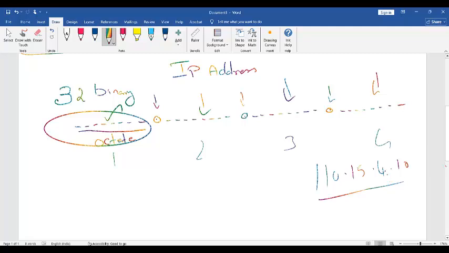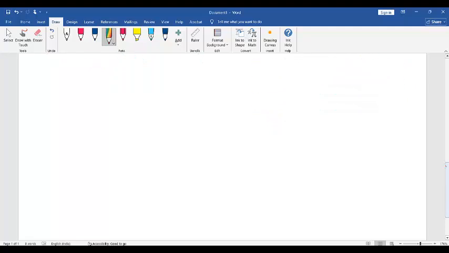Here we need to know how to convert that binary into decimal so that you can have an IP address like this. So what I'll do is I'll draw 8 bits here. 1, 2, 3, 4, 5, 6, 7, 8.